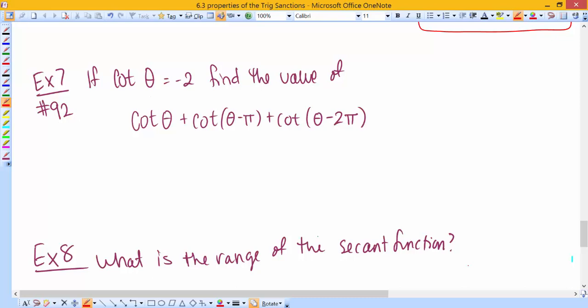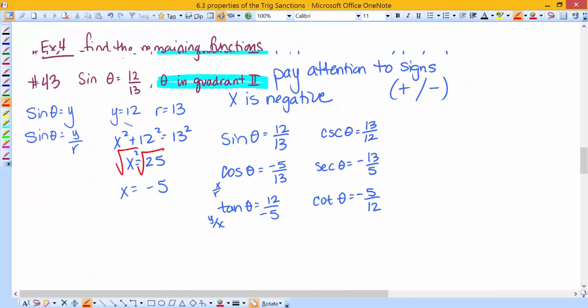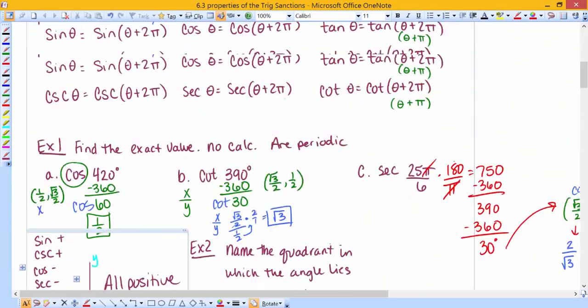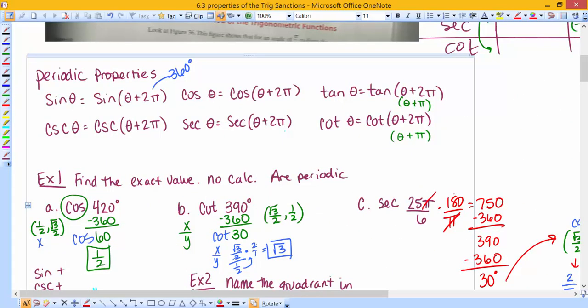Now with tangent and cotangent, if we look back up here at the notes for the periodic properties, tangent and cotangent are special because those are actually periodic every pi. And that has to do with the signs in the unit circle. Tangent is positive in quadrant 1 and quadrant 3. They are on opposite sides of the unit circle. So that's every 180 degrees. Your tangent will be the exact same answer.